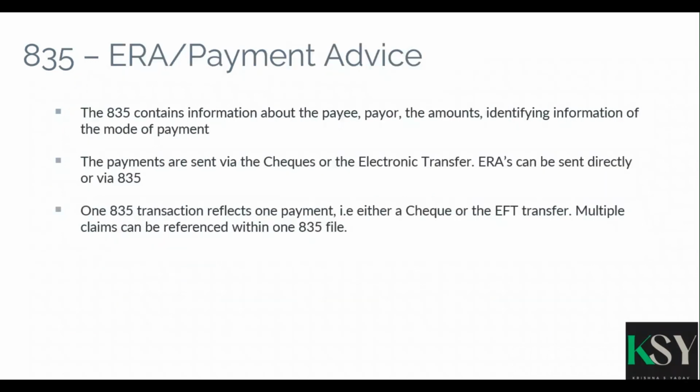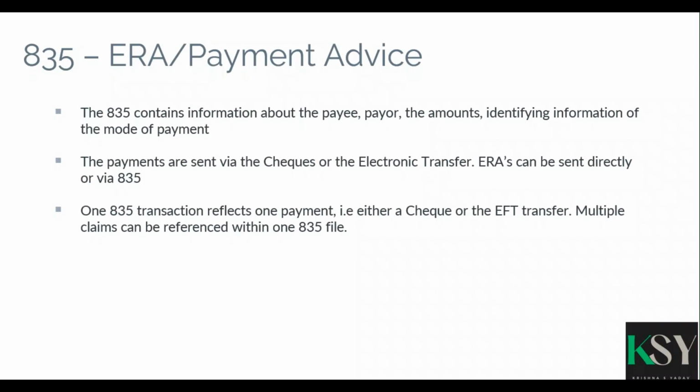So the 835, the electronic remittance advice or the payment advice, contains the information about the subscriber, the payer, the amounts, and the mode of the payment that needs to be done. So when the insurance company sends the payments back to the providers, as I mentioned, they could be in the form of a check or they could be in the form of an electronic transfer.